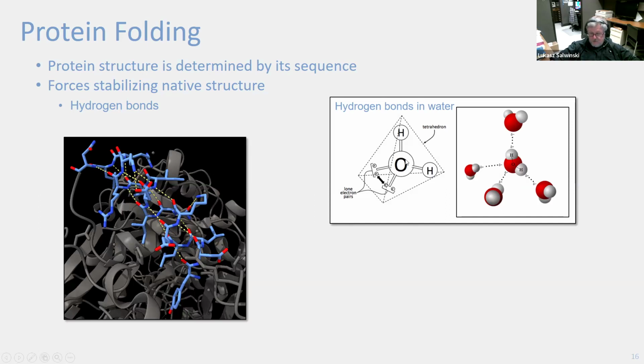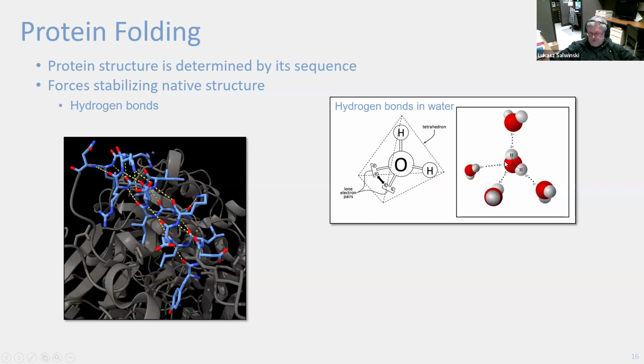As a reminder, in water we have OH bonds, two of them connecting hydrogen atoms with the central oxygen atom. Those bonds are polarized. There's a partial positive charge on hydrogen and a negative charge on oxygen, plus there are two lone electron pairs with no corresponding proton, which are quite negative.